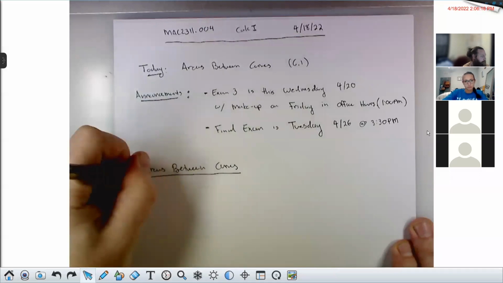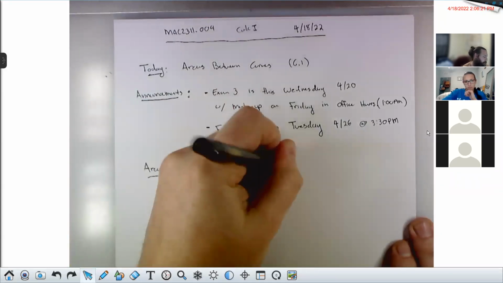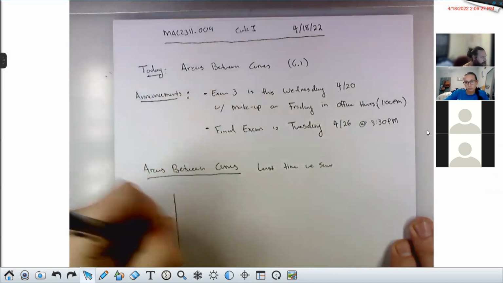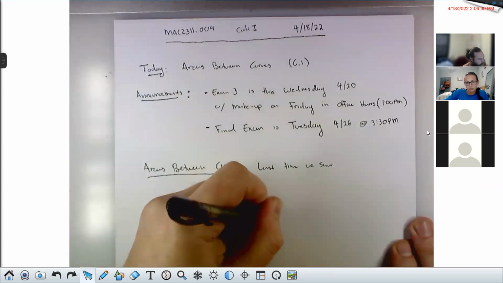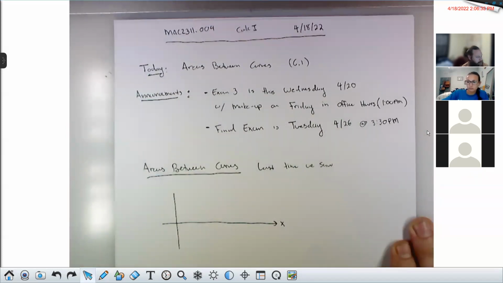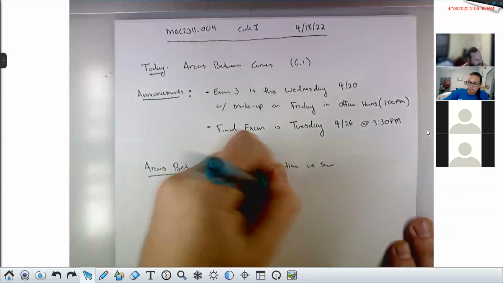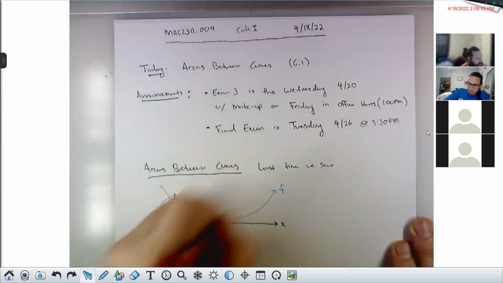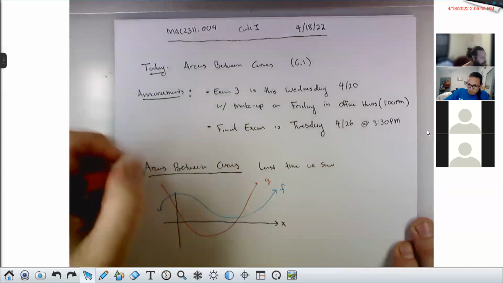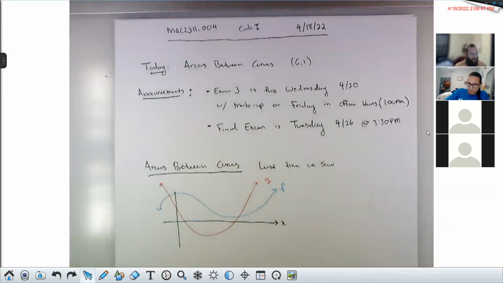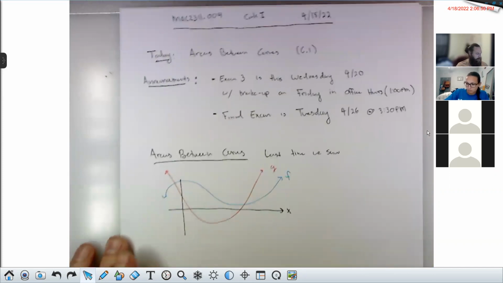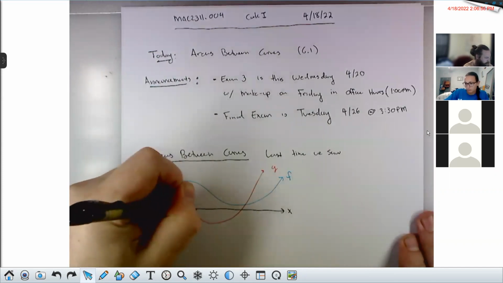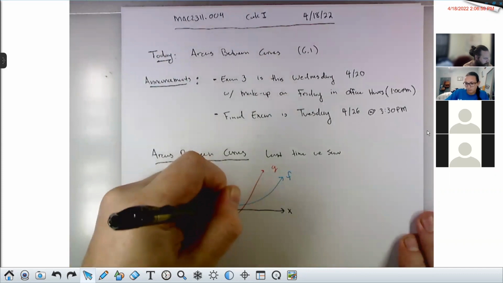So last time we saw that if you have a pair of curves, maybe something like f and g, and you want to find the area between these bad boys, say from A to B, you put A here, and B here.